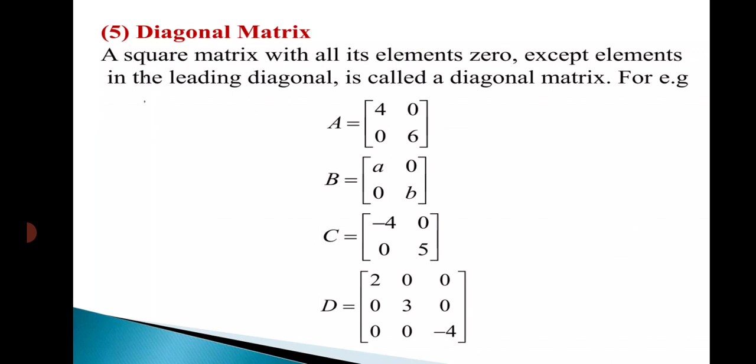A square matrix with all its elements 0 except the elements in the leading diagonal is called a diagonal matrix. Example, A is equal to 4, 0, 0, 6. Here only the diagonal elements are 4 and 6. The other elements are 0. So this is called a diagonal matrix.